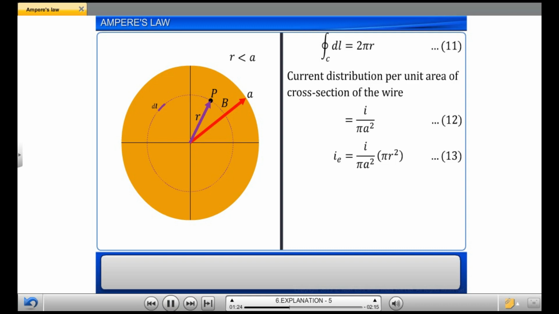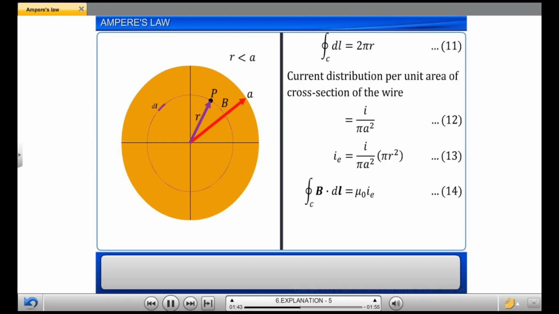From Ampere's law, integral over the closed curve C, B dot dl is equal to mu naught I E, where I E is the current enclosed by the Amperian loop. Let this be equation 14.